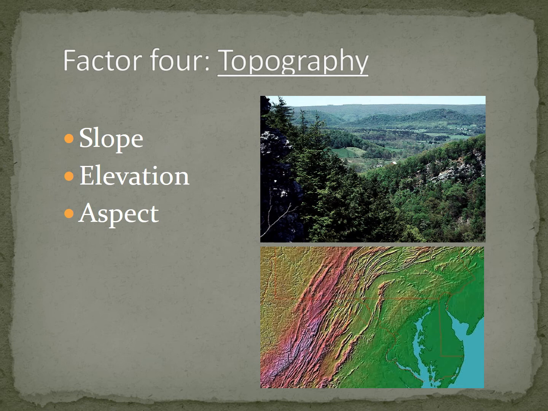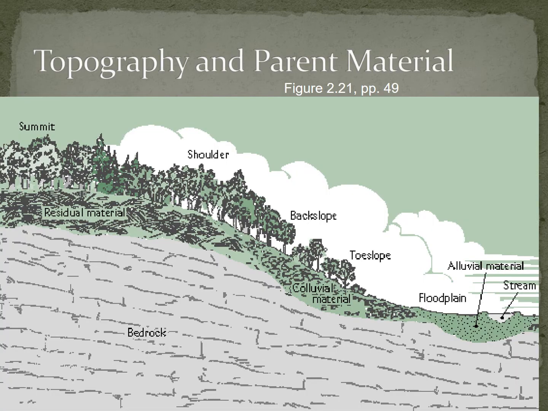Let's talk about factor 4, topography, where slope, elevation, and aspect make huge changes in how soil forms. Topography and parent material. Now, you will have to draw a landscape where you will identify the summit, the shoulder, the back slope, the toe slope, the floodplain, all right?